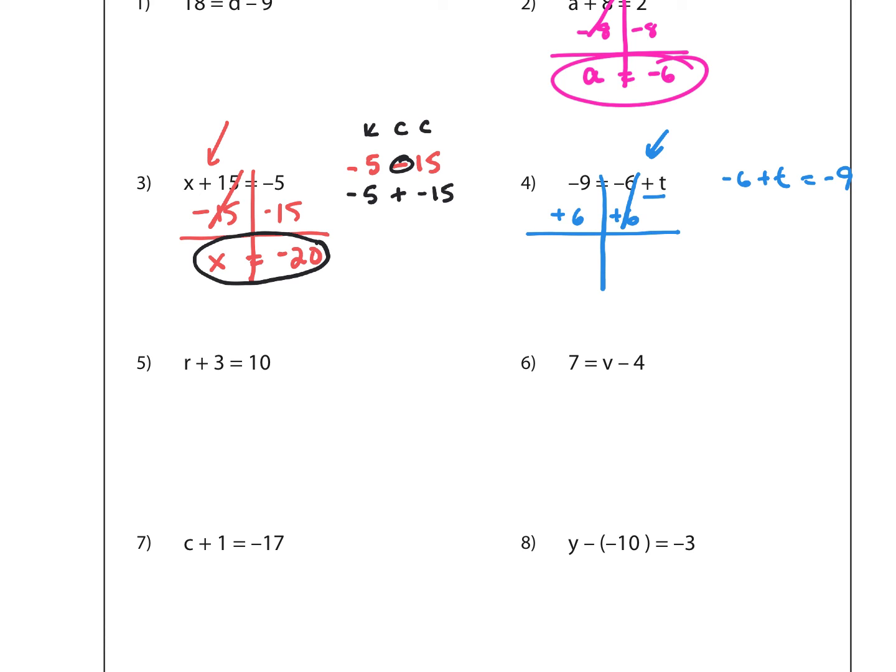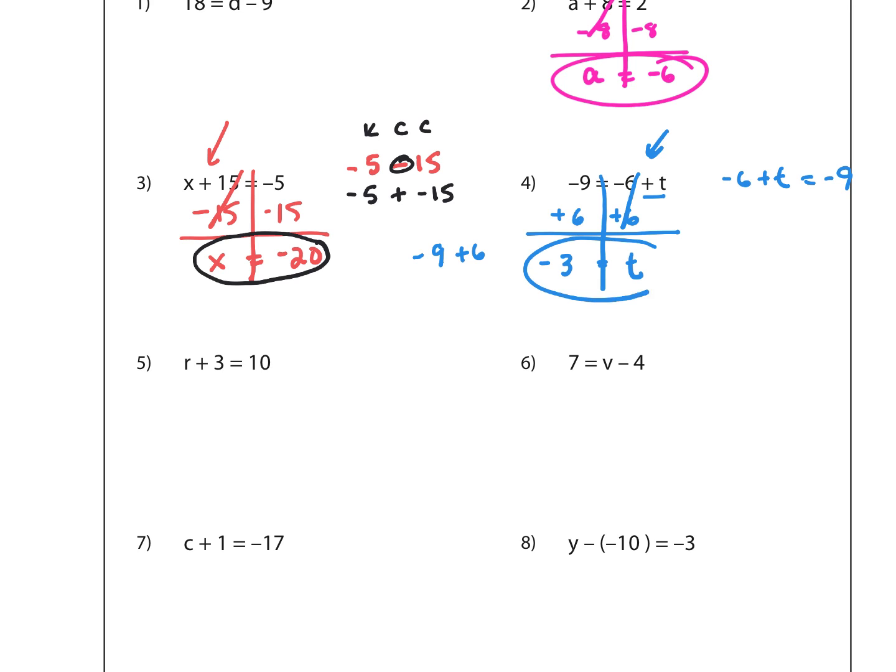So this eliminates it. As long as we have a positive t or a plus t, we can bring that down as just t. On the other side, again, if you want to use your calculator, you put in negative 9 plus 6. If we started at negative 9 on the number line and moved up 6 counts, we wouldn't make it to the positive side. We'd still be on the negative side. So that would be negative 3.